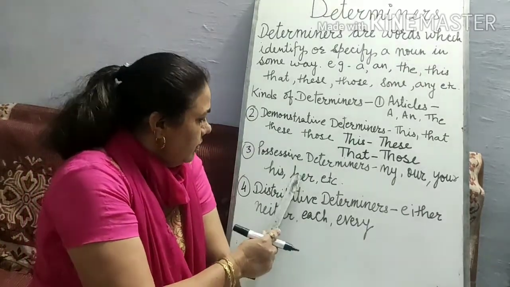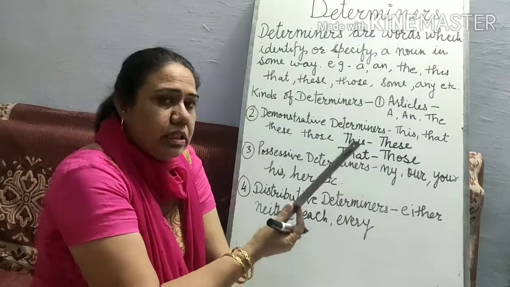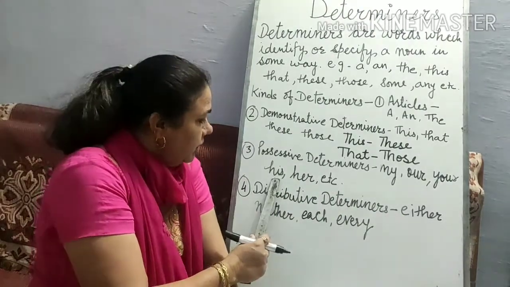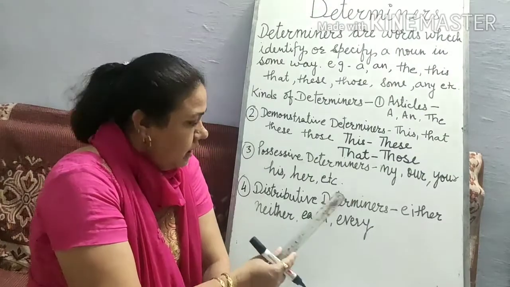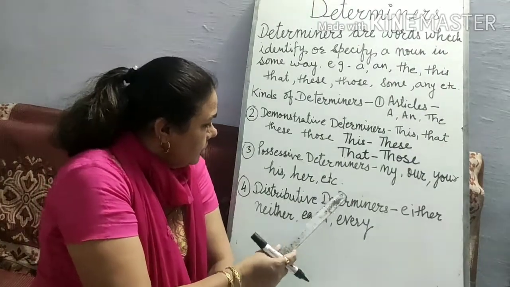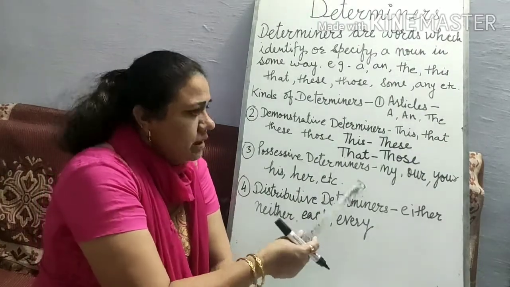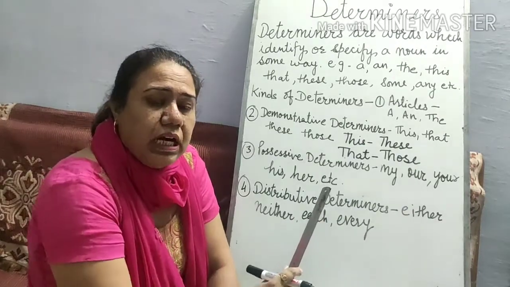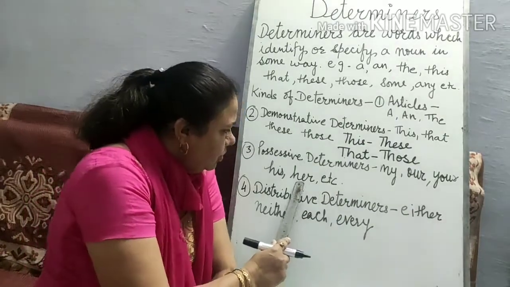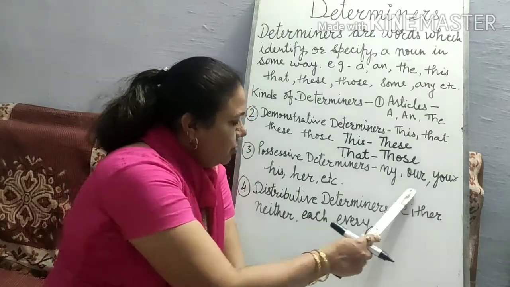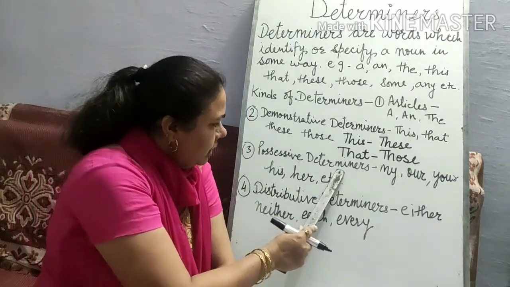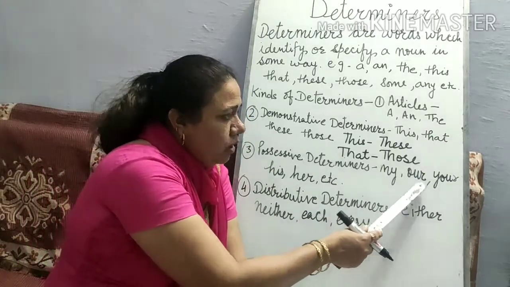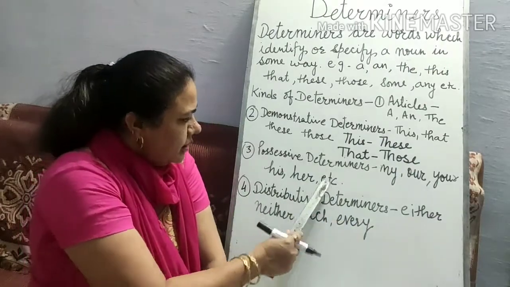Her sister is a monitor of the class. So you can take these types of sentences here. So we take the possessive determiners as my, our, your, his, her, etc.